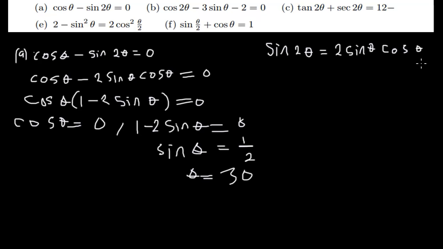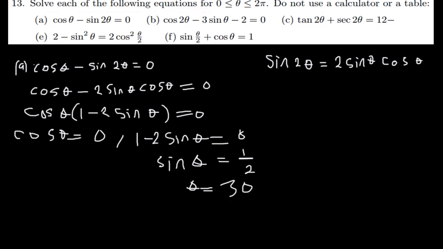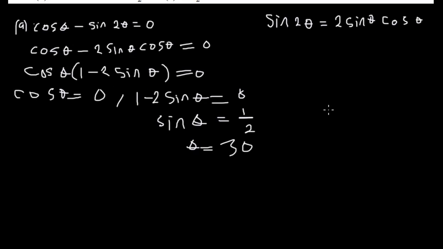And then take into consideration the domain. Our angles should range from 0 to 360 degrees. 2 pi is just the same as 360. So in the first quadrant, theta will still be 30, and then in the second quadrant, theta is going to be 180 minus 30, which is equal to 150 degrees.